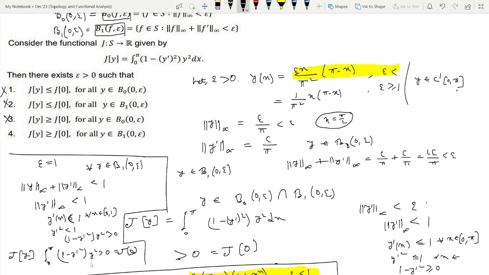So we have J(y) greater than or equal to J(0) satisfied for all y belongs to B1(0, epsilon) when we take epsilon equal to 1. So option 4 is the correct option. So here options 1, 2, 3 are not the correct options, and option 4 is the only correct option. This is the solution of this problem.